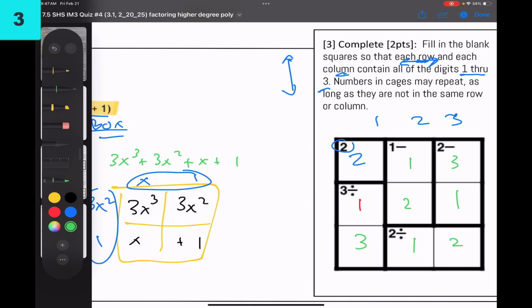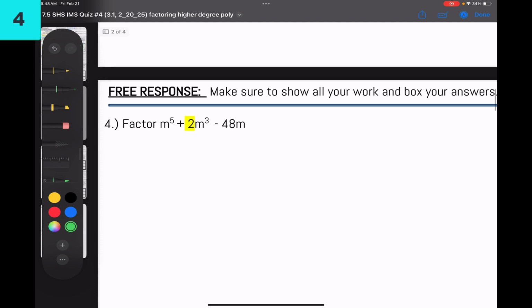So the good thing is you can always go back to change these up. Maybe switch this one, 3. Let's try this. This one goes 1, and this one is 3. Okay, so I think that works. No repeating numbers. Great.